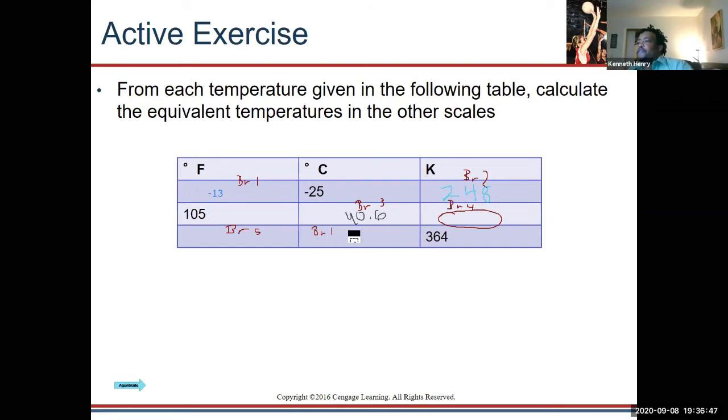Breakout room 1, you guys have another one too, down here. You guys are my special group. Okay.